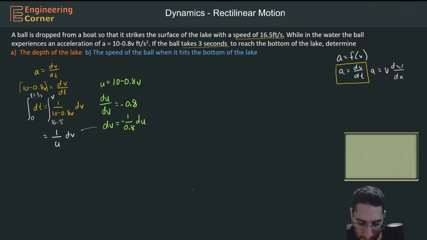So now we put that into this equation, and we still have our bounds of integration. So from v to 16.5. We're going to have 1 over u, and we need to put in this minus 1 over 0.8.